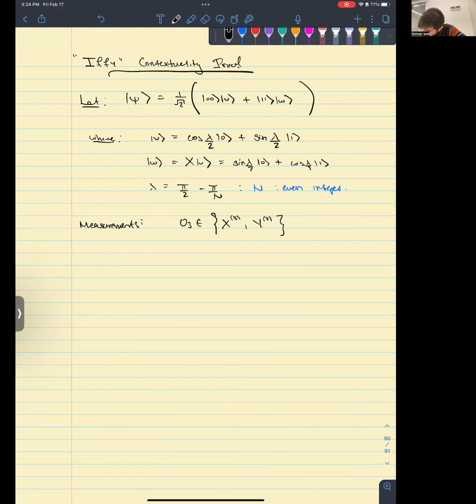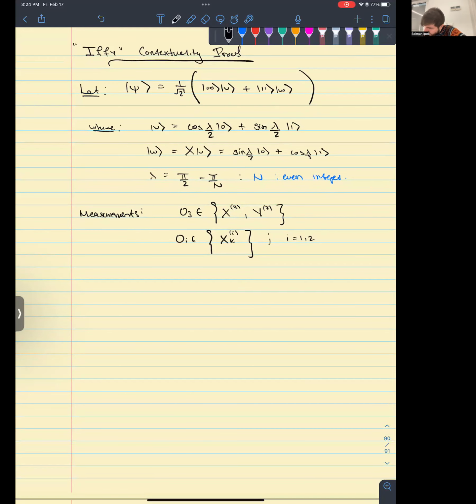And then for qubits 1 and 2, they can choose between a number of observables, X_k. Here i just means one of the first two qubits.